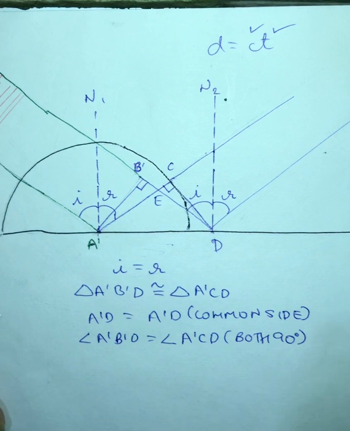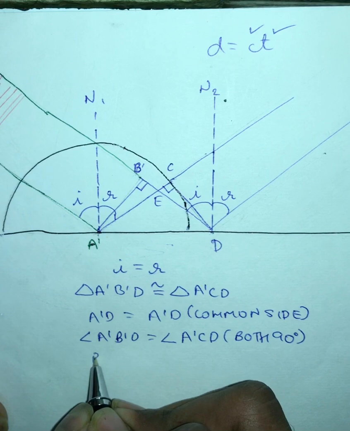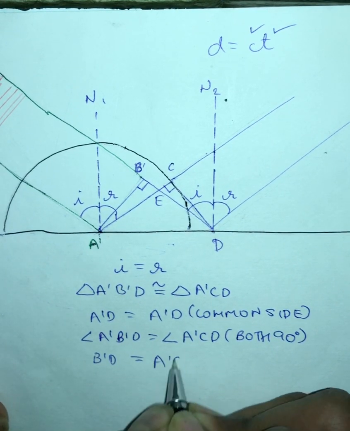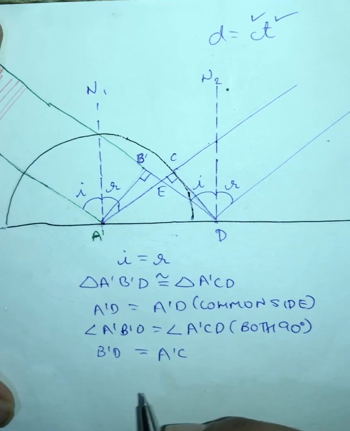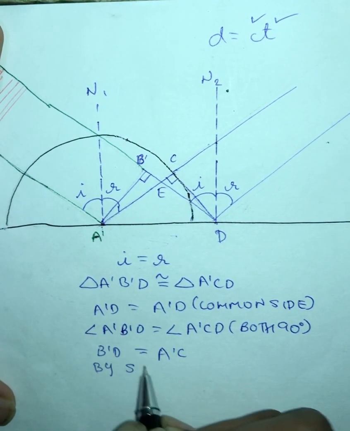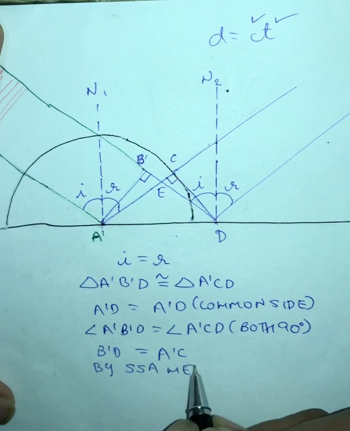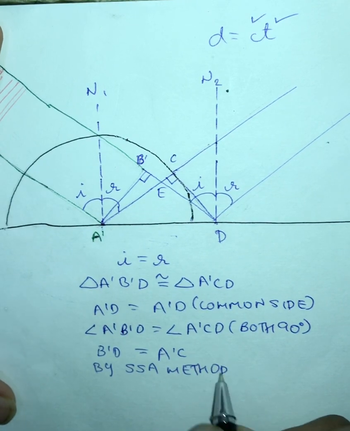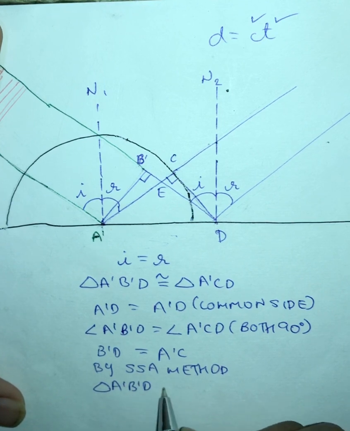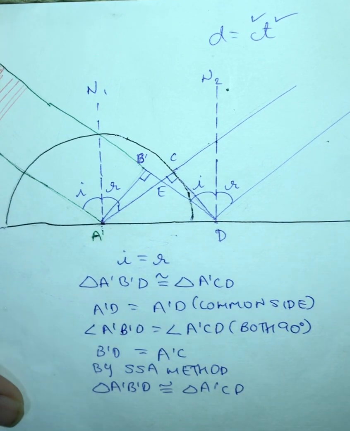Therefore the distance covered by both of them will also be equal. Therefore B' D is also equal to A' C, and thus from this we can prove by the SSA method that triangle A' B' D is congruent to triangle A' C D.